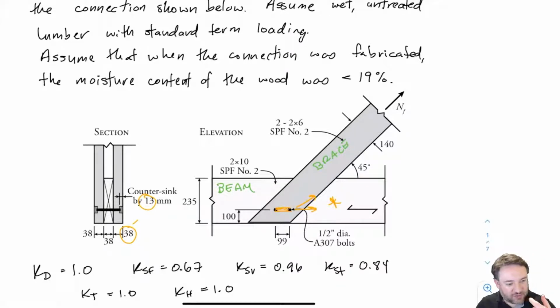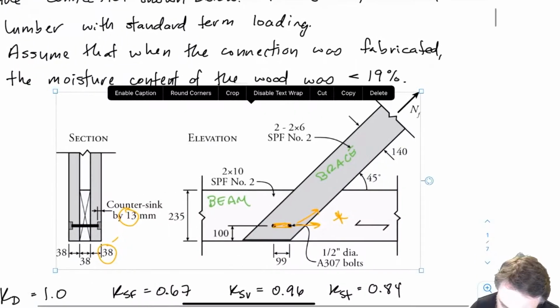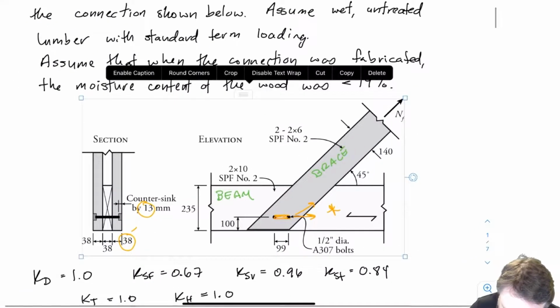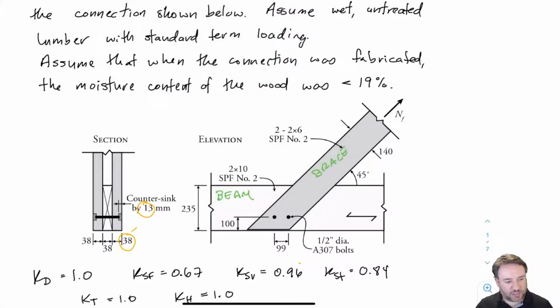We can still fail that plug in between the two bolts, and that failure of that shear plug will cause basically failure of the connection. Of course, we'll also have some local embedment failure, which is not explicitly taken into account in the connection, but is kind of taken into account in a roundabout way by assuming basically that there are two shear plugs that have to fail instead of one in this connection.